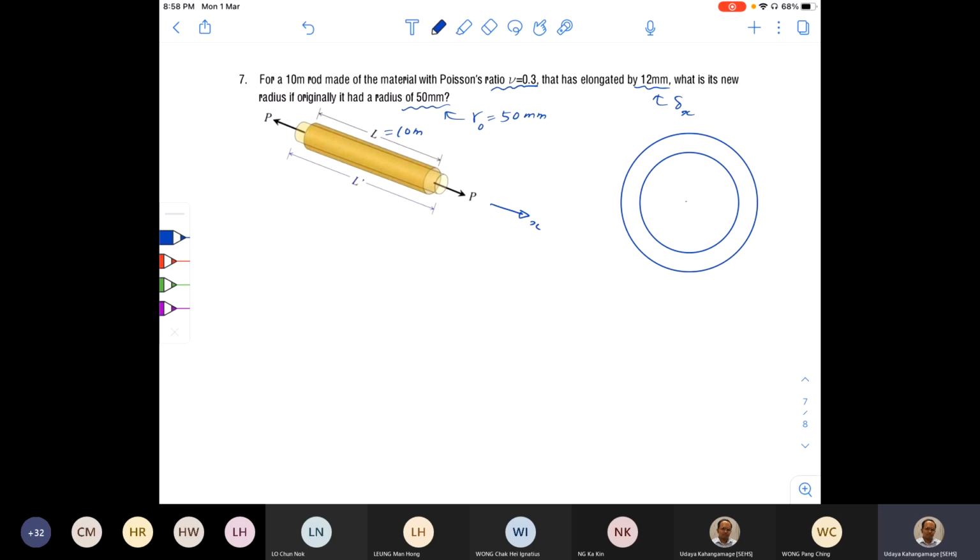Let me mark the original radius here, R O, 50 millimeters. And let's say that after the deformation it becomes smaller. Now this is R F. So this is what we need to find out.